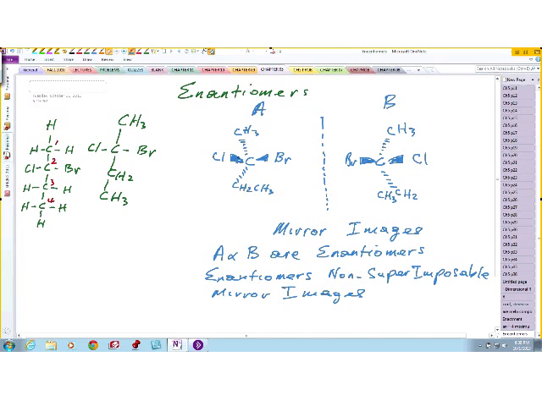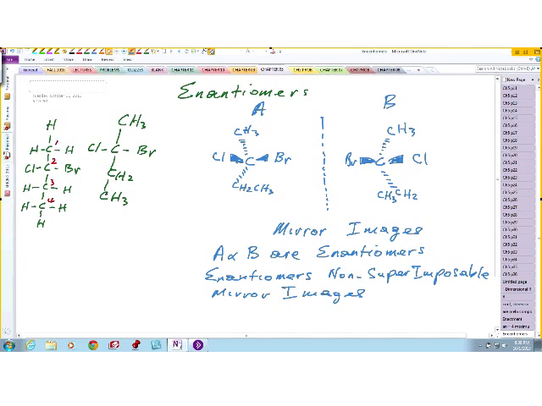Exactly. This will be 2-bromo-2-chlorobutane. Fine. That is correct. Now, what if I tell you to name this molecule here? It's the same thing. But we are now telling you these are different compounds, so how do we name them? Okay, so we are going to get to the nomenclature shortly.